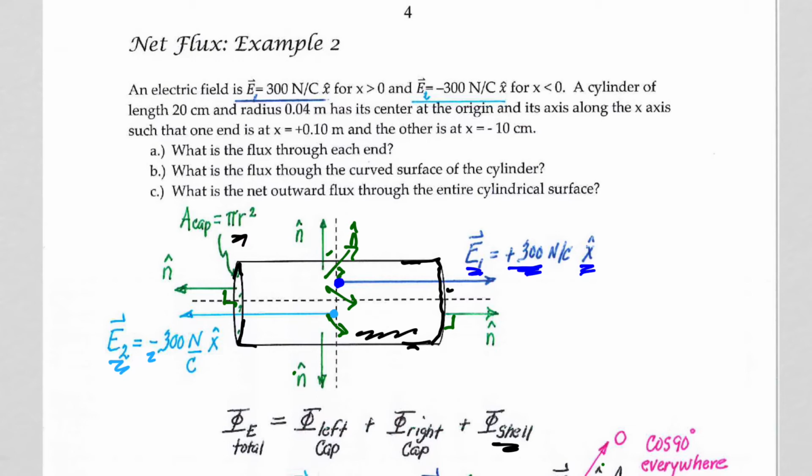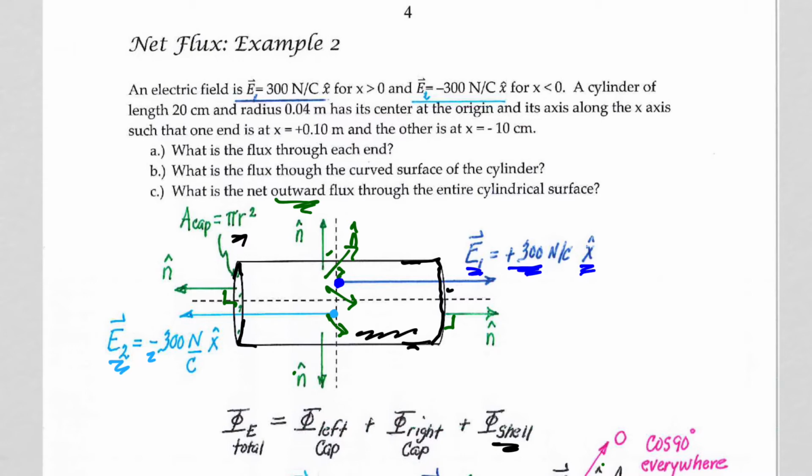Now we want to calculate the individual flux values and the total flux, the net flux that's in this problem. And you notice it says here outward flux right from the start because there is no inward flux. There's no electric fields that point into this closed surface.